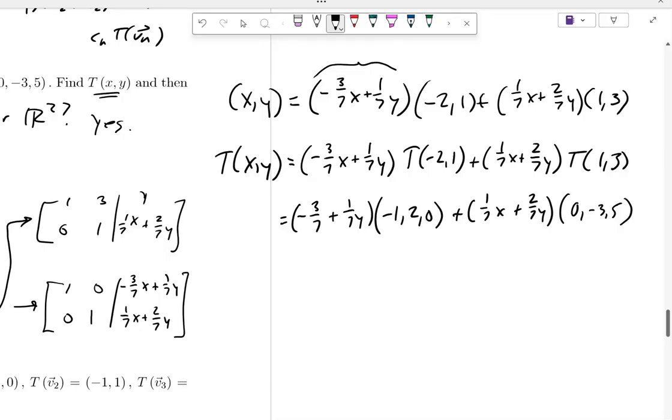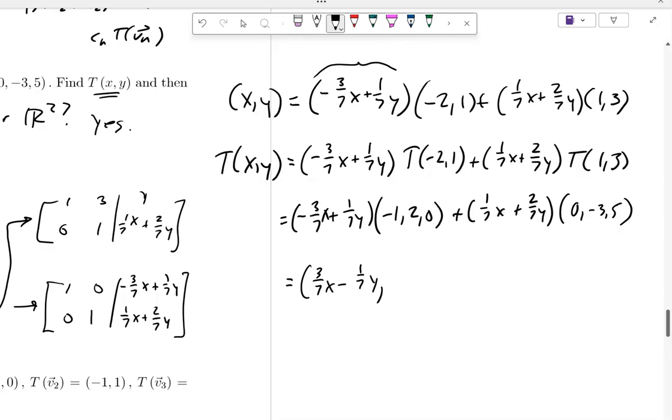And then we can simplify, right? What do we get? I've got negative 1 times the negative 3/7 x, so that'll give me a 3/7 x. Notice that in my first component the other one's a 0. And then negative 1 times that will give me a minus 1/7 y.